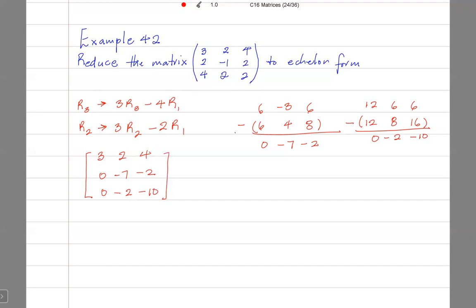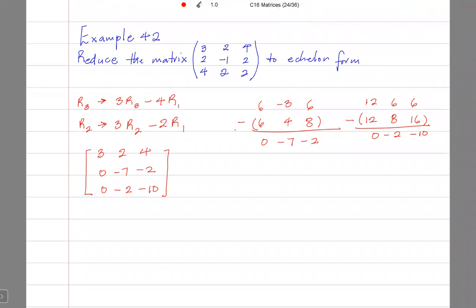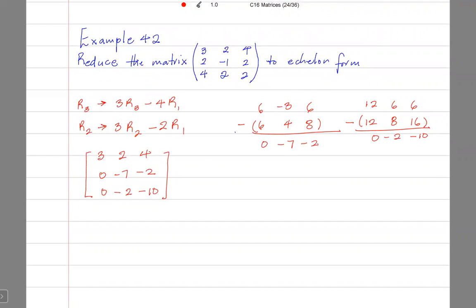I want to be especially careful not to make any mistakes. The next thing is we want to make that middle element in row 3 0.